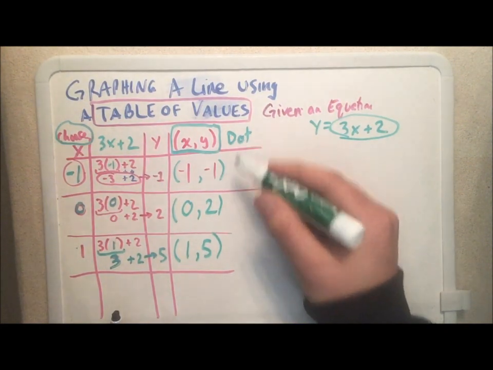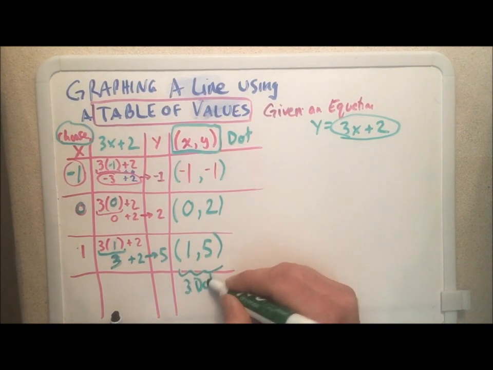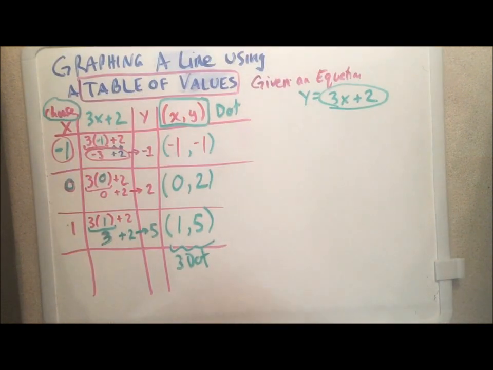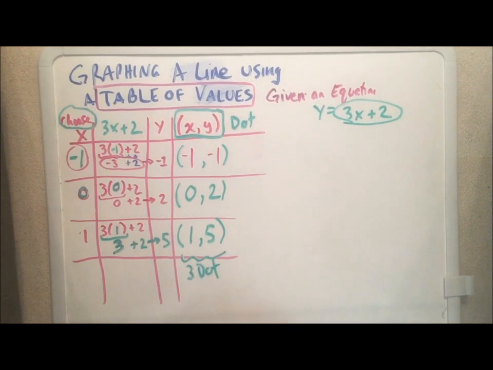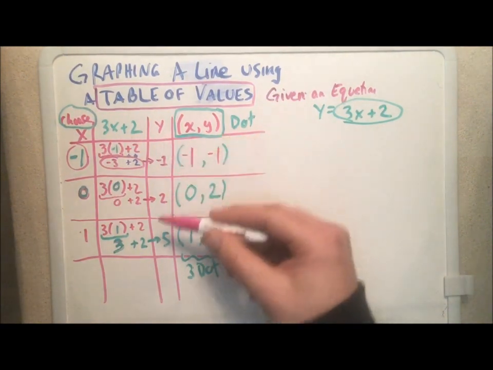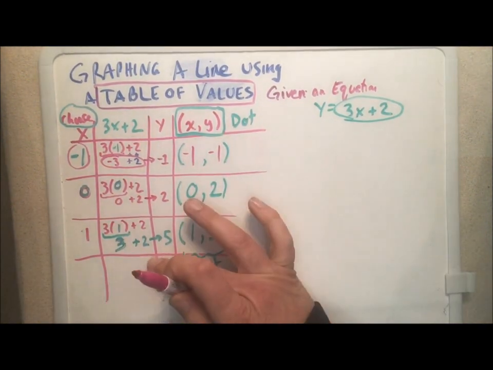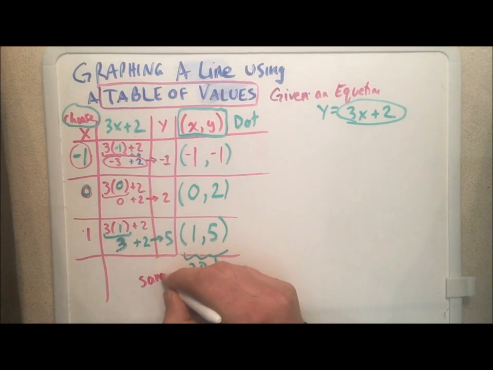So what we have here is 3 dots, and what we're going to do is put those dots on a graph. One of the things I look for first as a teacher when someone says, can you check my work, is the y column, and I ask myself, are the steps the same?